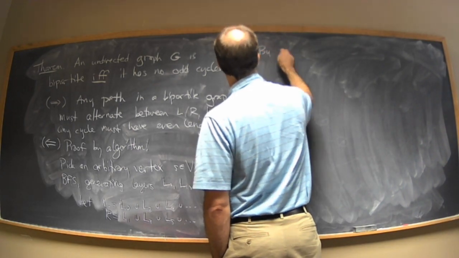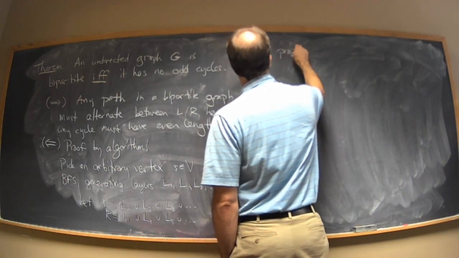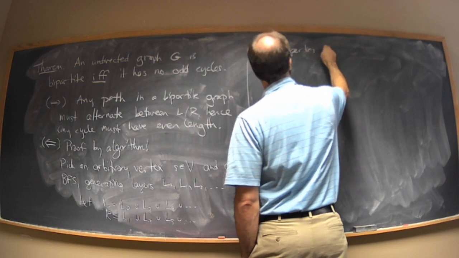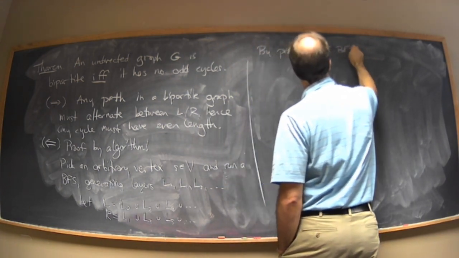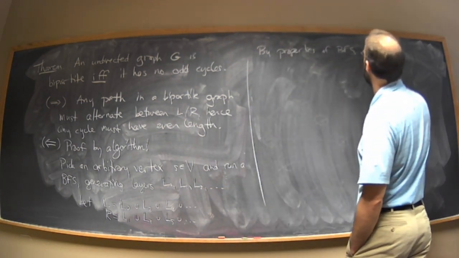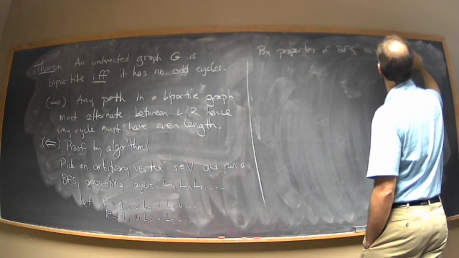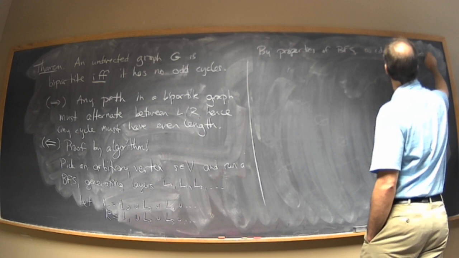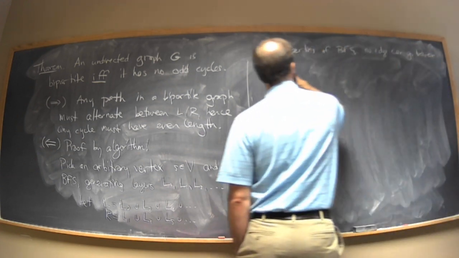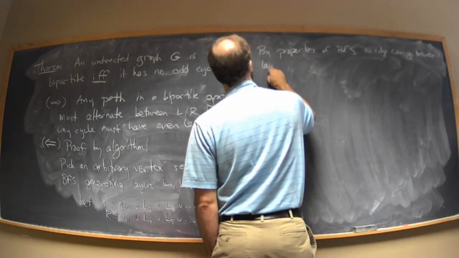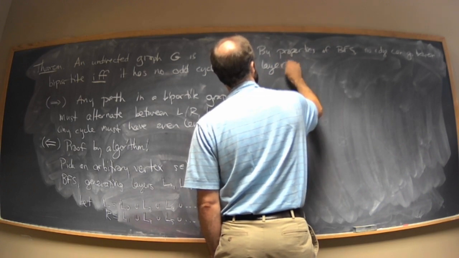So by properties of breadth first search, no edge can go between layers more than one apart.